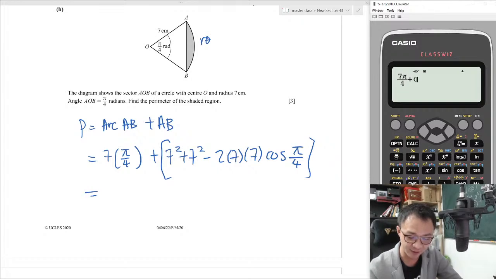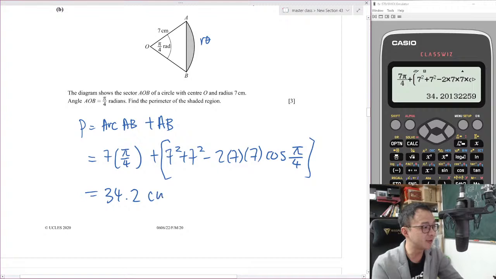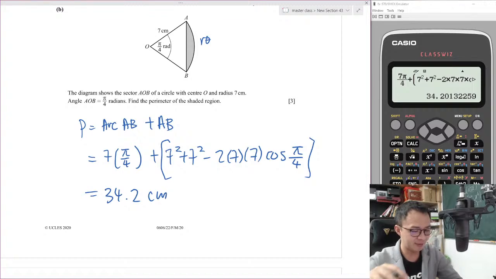Yeah, putting a bracket is easier. 2 times 7 times 7 times cos pi over 4. Close the bracket. So yeah, I will get 34.2 centimeters. This one should be my perimeter here. Did I get it correct? It's a bit too big, isn't it, the value?